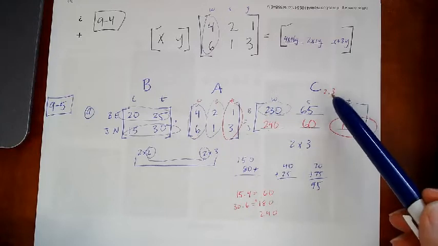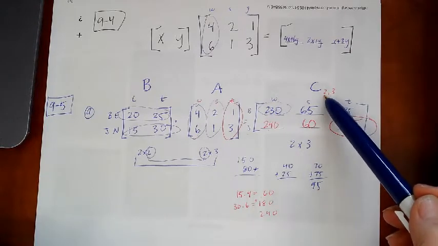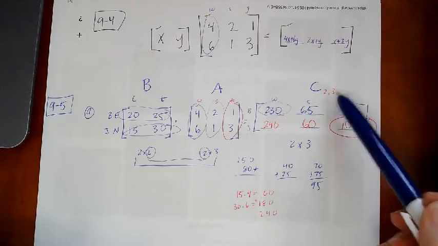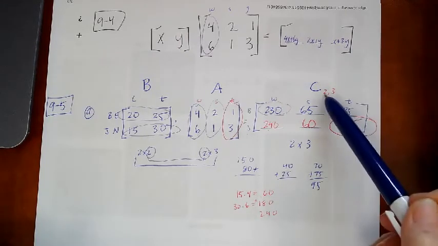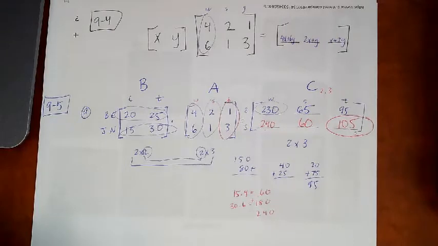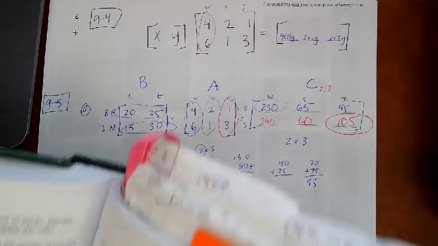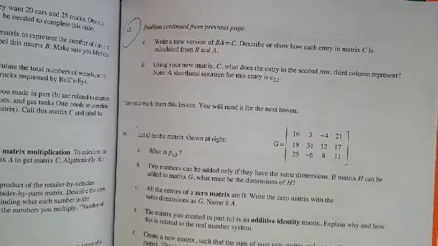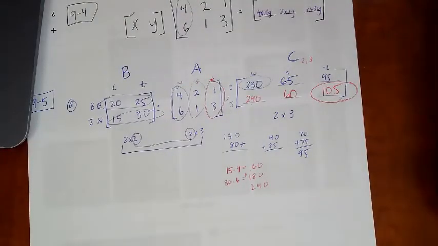So row would be 2, column would be 3. So that's what that 2,3 means whenever you see it like this. And I think that's all. That's matrix multiplication. So we're going to be practicing it, so don't worry if you don't totally get it.